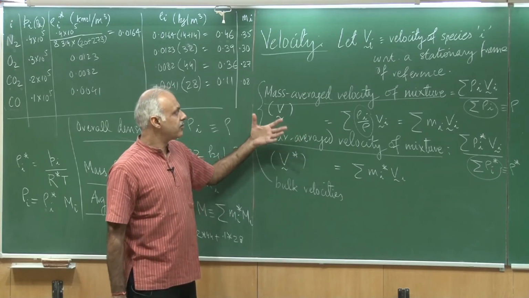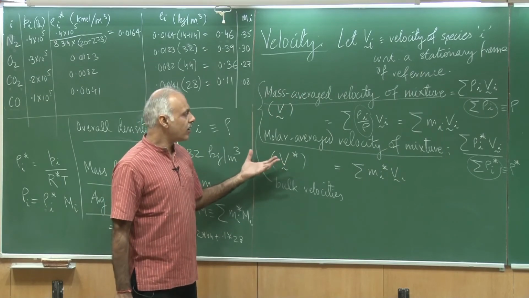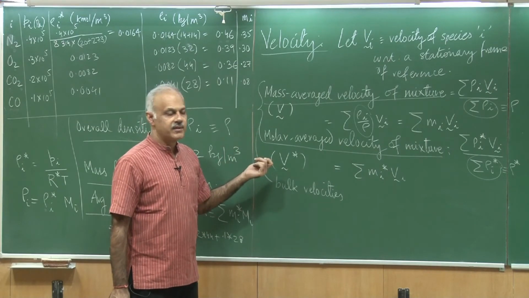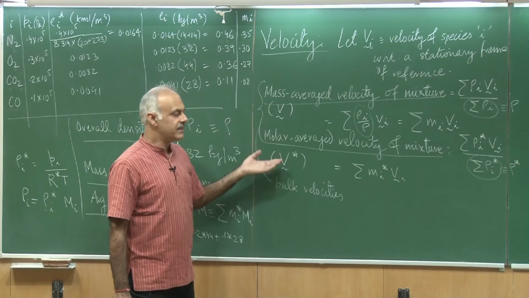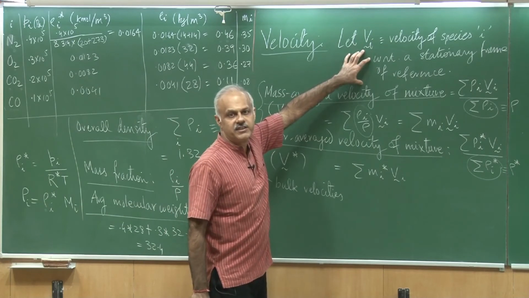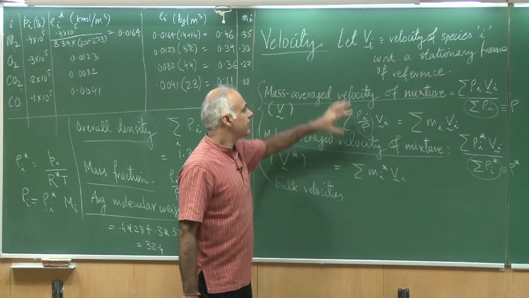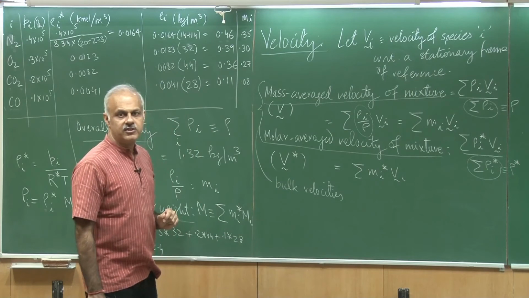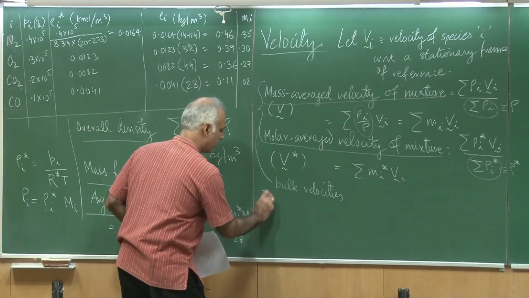So that's some kind of a weighted average of VA and VB. And now I can talk about the velocity of each species with respect to the average velocity of the mixture. So the original velocity is with respect to a stationary frame of reference, and now I can talk about the velocity with respect to the average velocity of the mixture. So that we refer to as the diffusion velocity. So let me write that down for you.